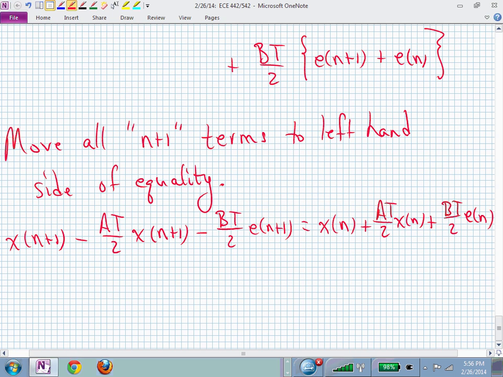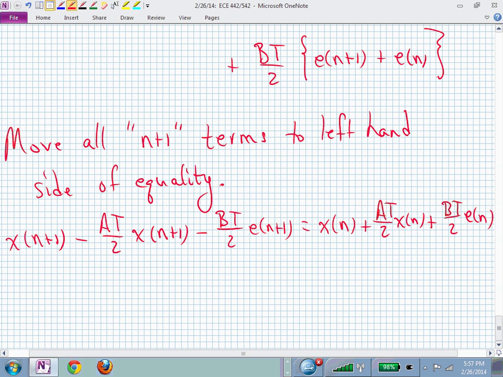Here's the fun part. Now what I want to do is actually introduce a new variable. I want to clean this up, and this will actually help. Let me call this mess on the left-hand side a new variable, w. Kind of like we introduced an artificial variable before for the state space when we were doing our transfer function to state space representation, when we were doing our block diagram manipulations.